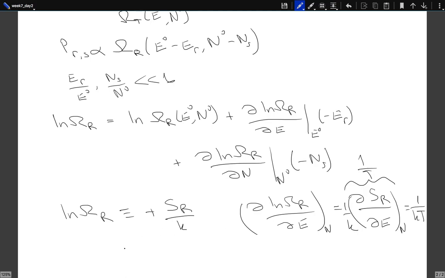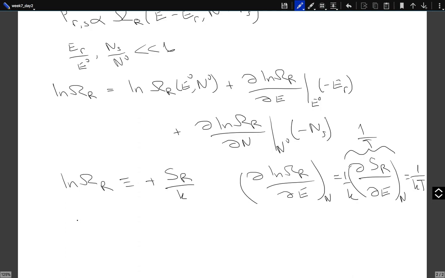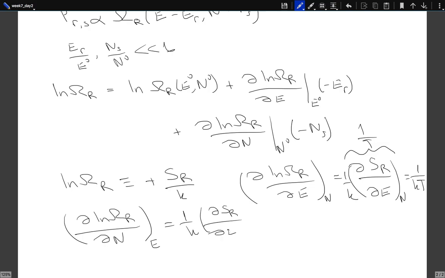Well, similarly, the derivative of the logarithm of omega r with respect to N with energy fixed, this is 1 over k, derivative of the entropy of the reservoir with respect to N with energy fixed.